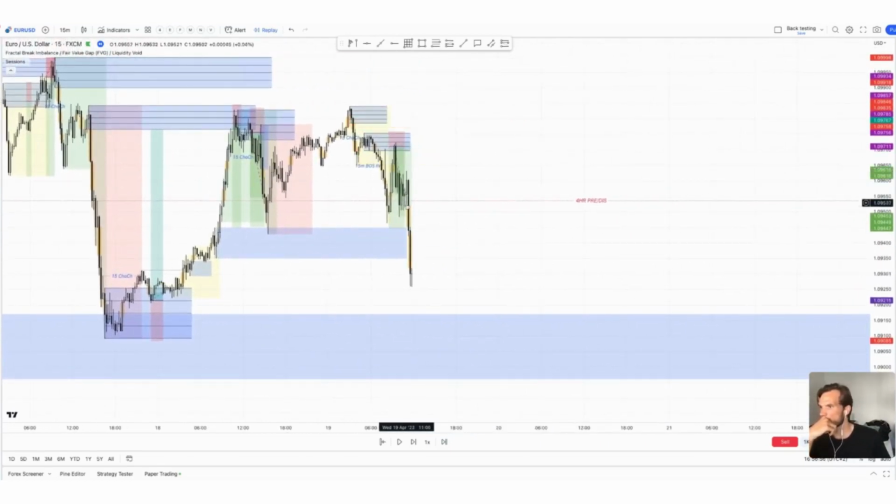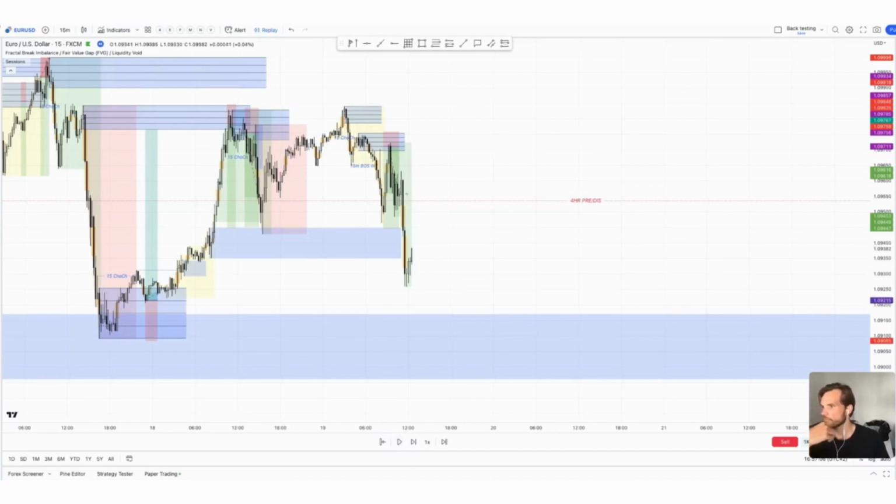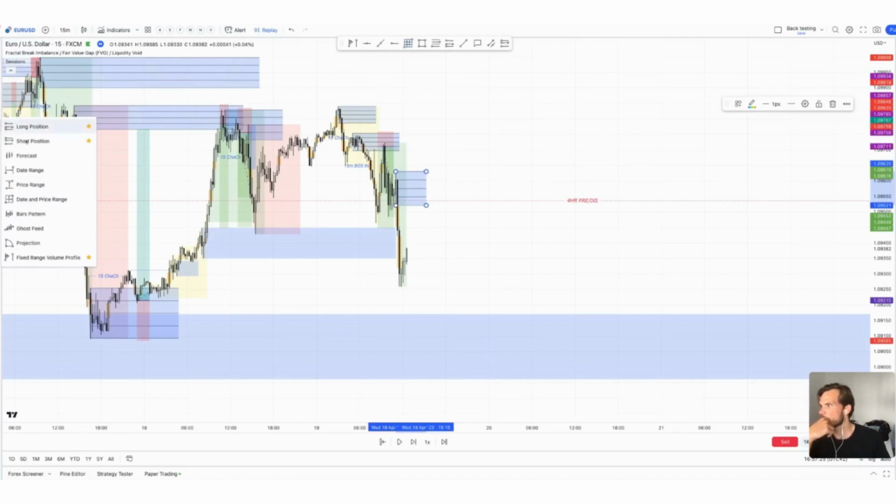We have got this area taking a lot of liquidity. I'm going to have to see how low this goes. Technically, this is valid. Yeah, I like it. And I think with this, we've come down quite low.